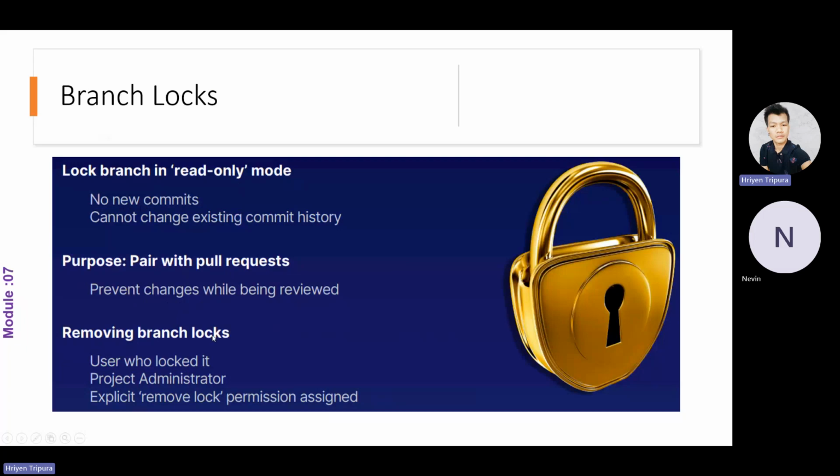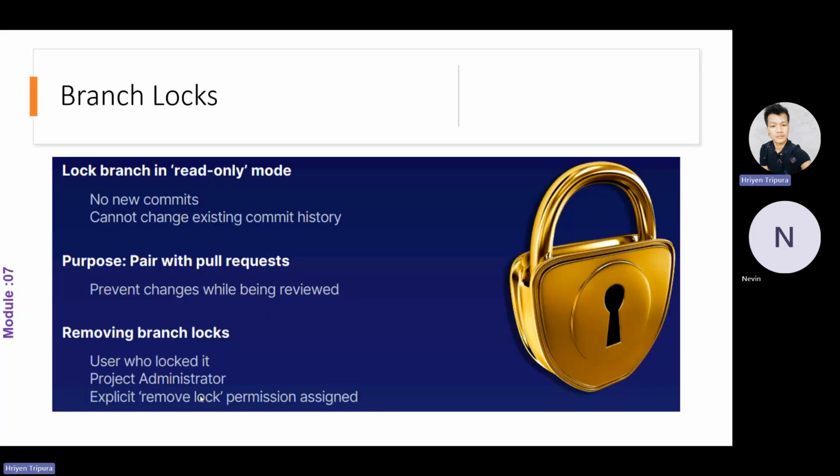Who can remove the branch lock? The person who locked the branch can unlock it, and the project administrator, and also anyone explicitly assigned the remove lock permission. So if you want, you can assign the remove lock permission specifically to your particular branch.